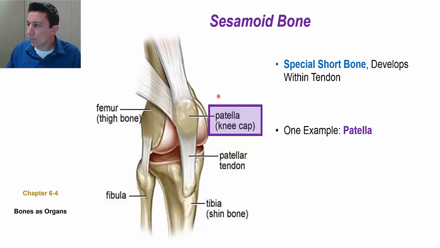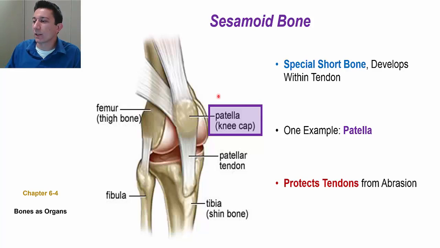The patella isn't the only type of sesamoid bone in the body, but it's our most prominent example, so I'll leave the discussion with that one. As I mentioned before, sesamoid bones in general help to protect tendons from abrasion as they glide over the joints that they cross.